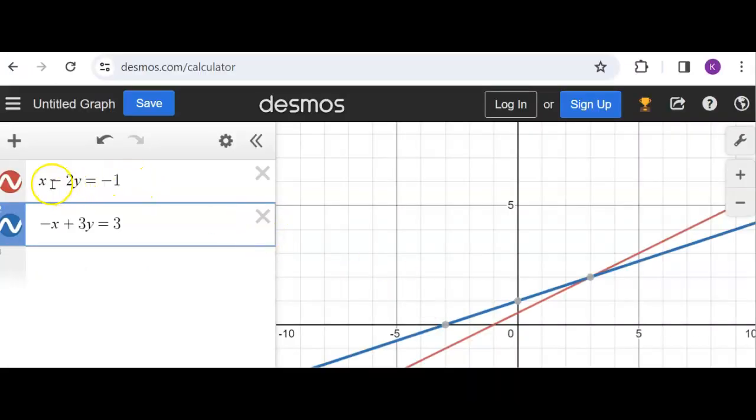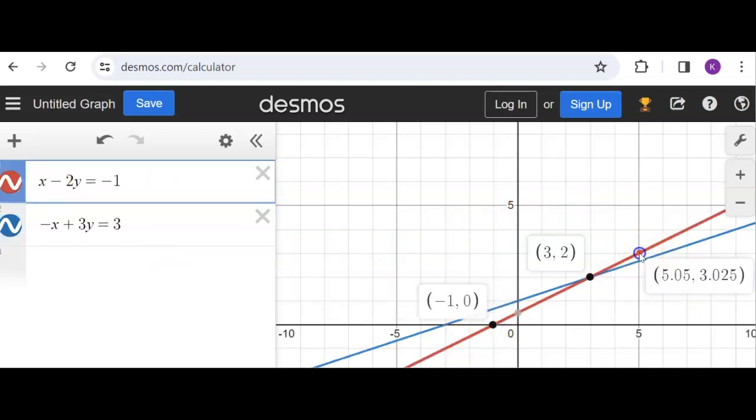Okay, so I have plugged in x minus 2y equals -1. I have plugged in -x plus 3y equals 3. And you can see that the point in which both of these equations are true is at the point 3, 2. Now I want to make sure we understand this red line, these are all the different x's and y's that are possible.